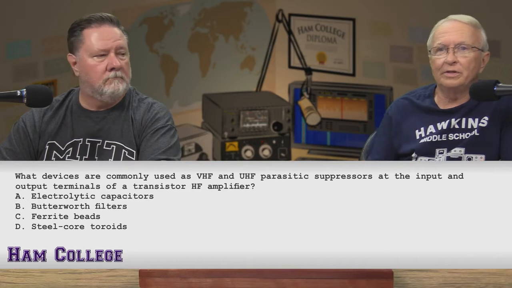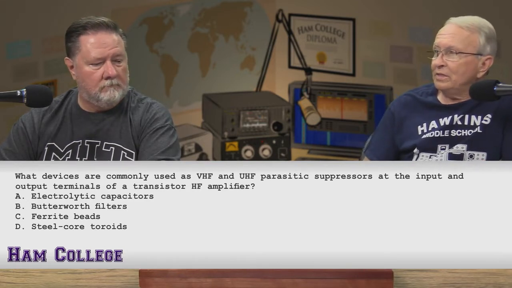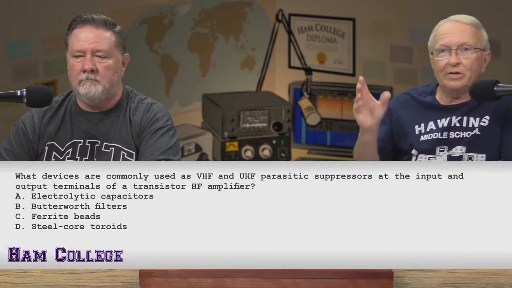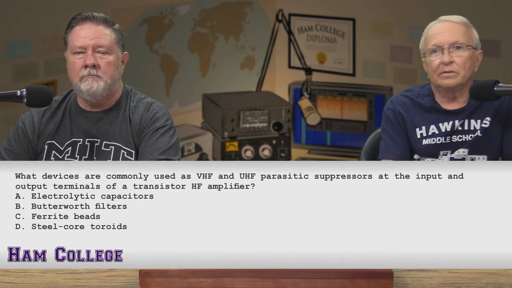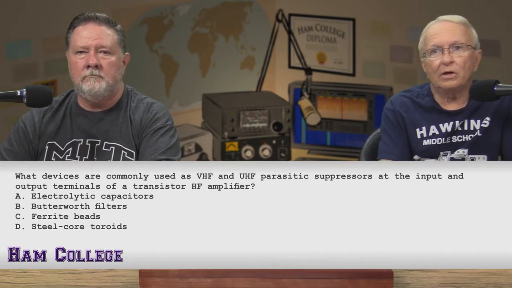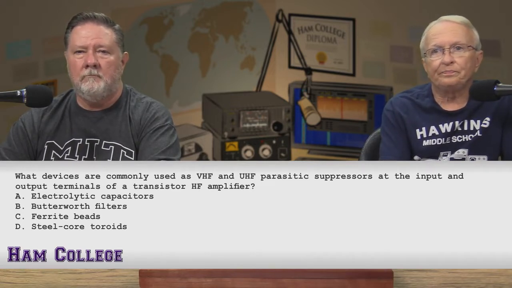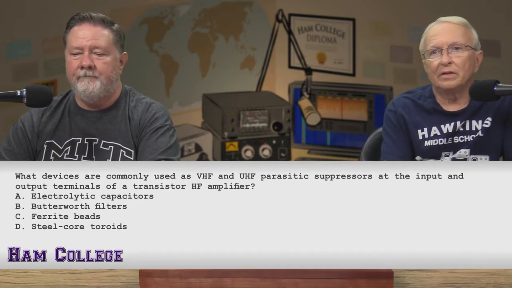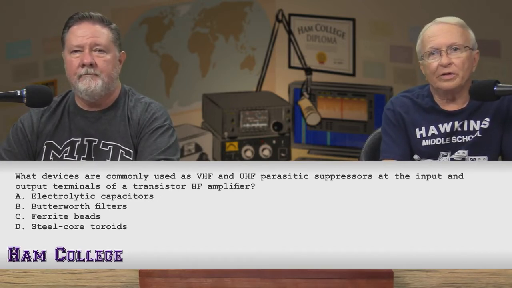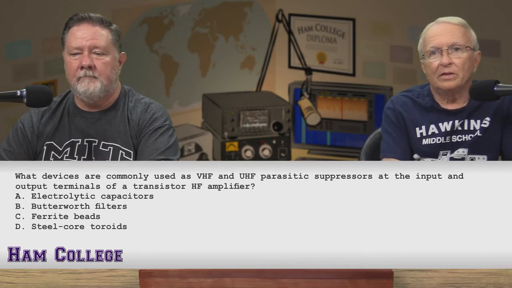They're not so good for getting parasitics out of VHF and UHF. That's out of their range. Butterworth filter, I don't recall seeing those used. I've heard of it, but it's not used for parasitic suppression.